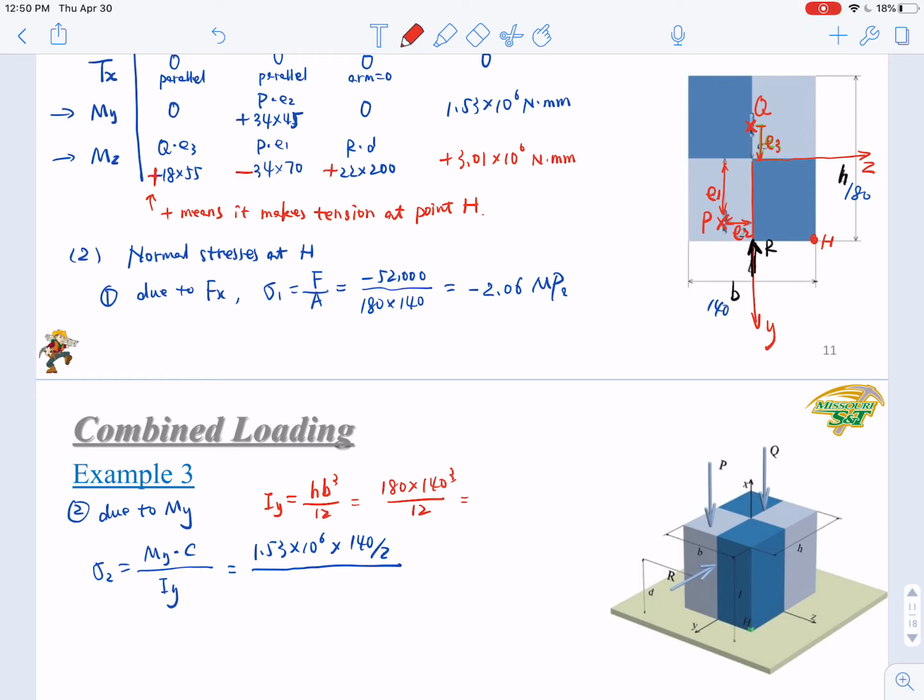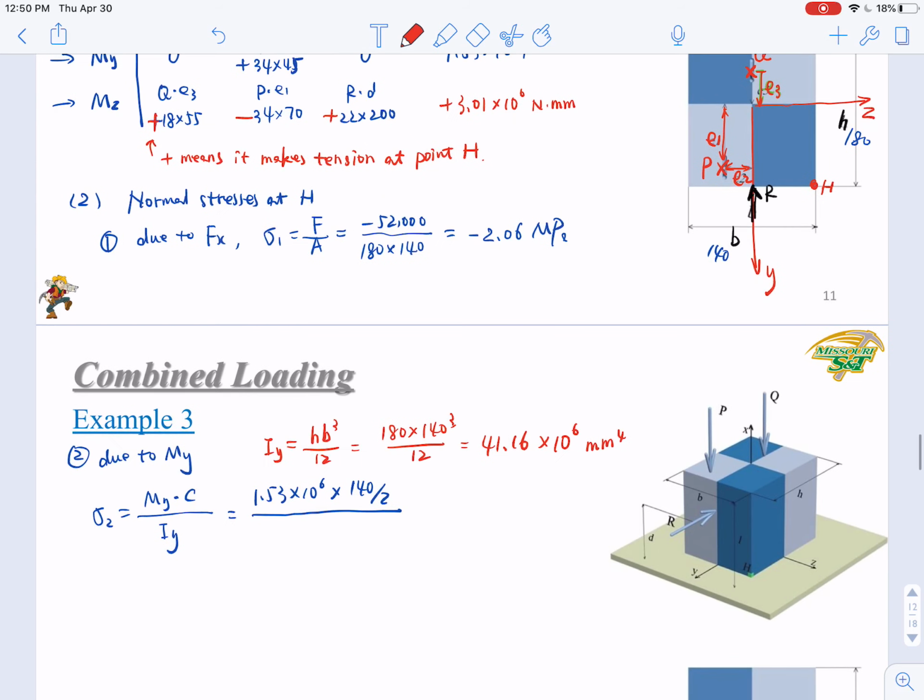You have 41.16 million mm to the fourth. This is substituted here, over 41.16 million. So you will get 2.6 MPa.